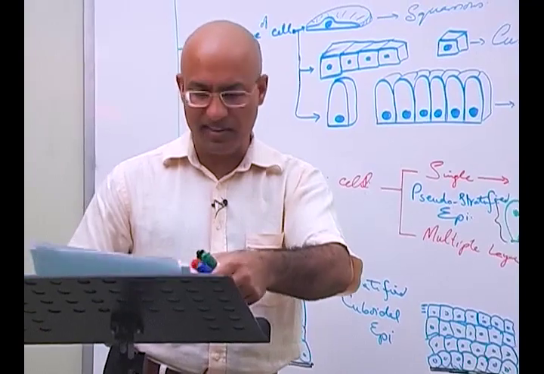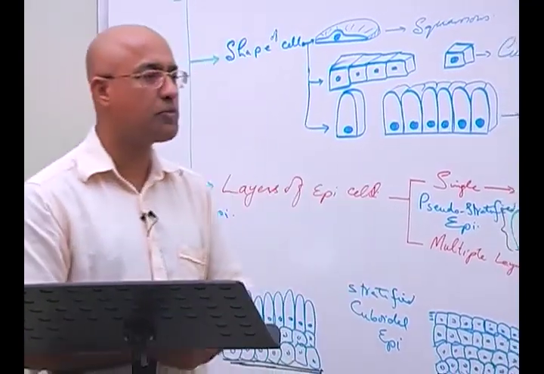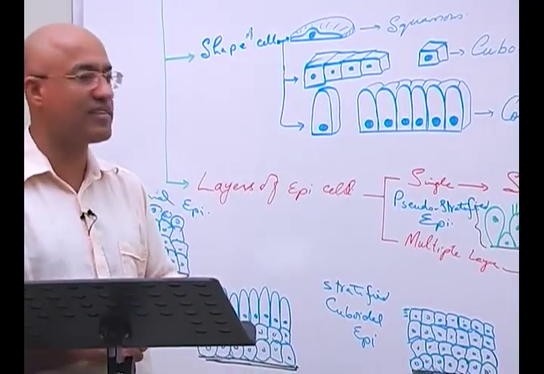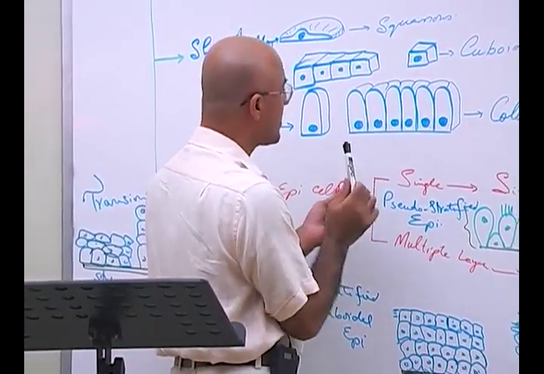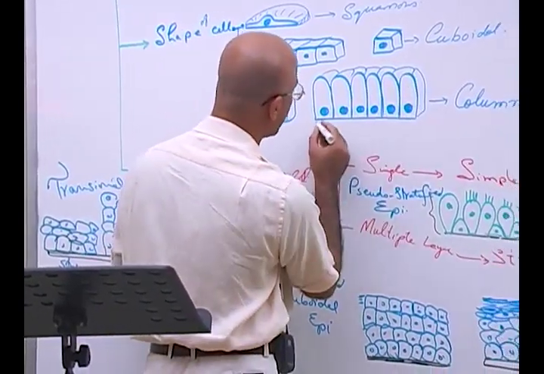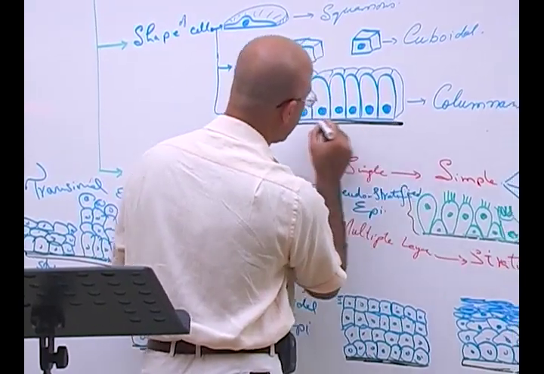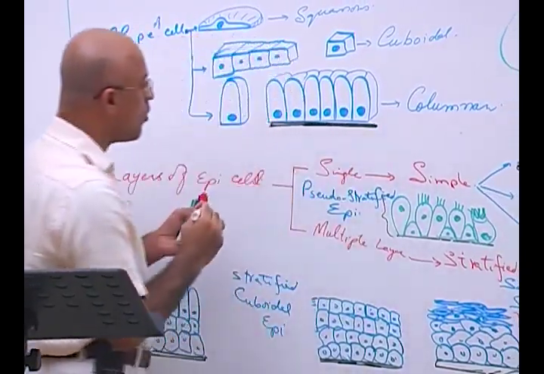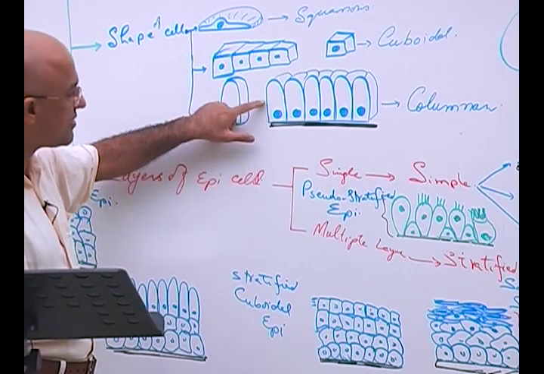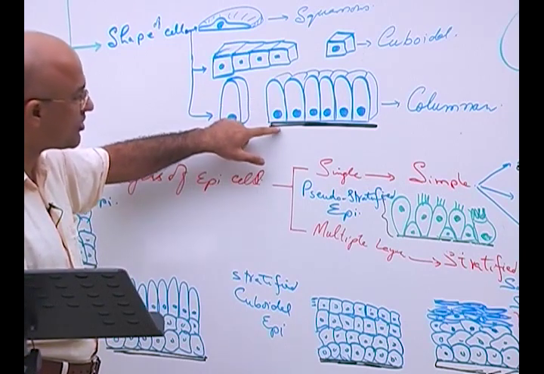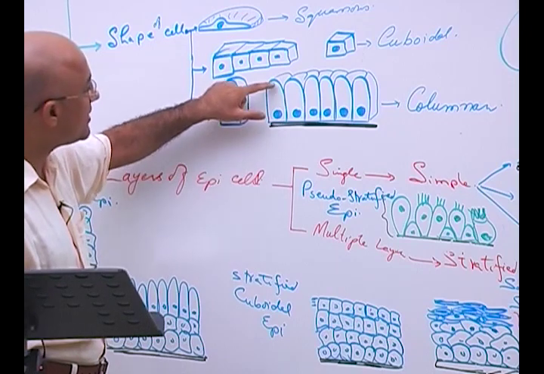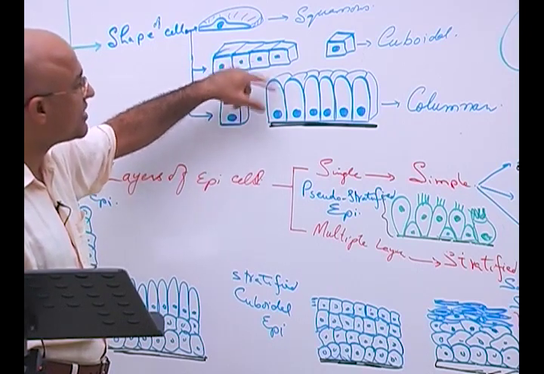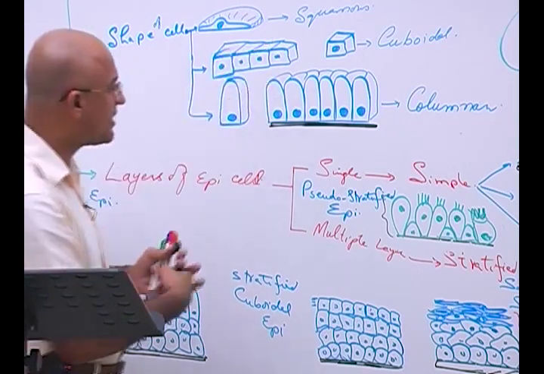Now we come to the real business, that is about the specialization of epithelial cells. Look, as we look at these epithelial cells, as you know, one side of the epithelial cell is resting on the basement membrane. The other side of the cell is the free side, right?